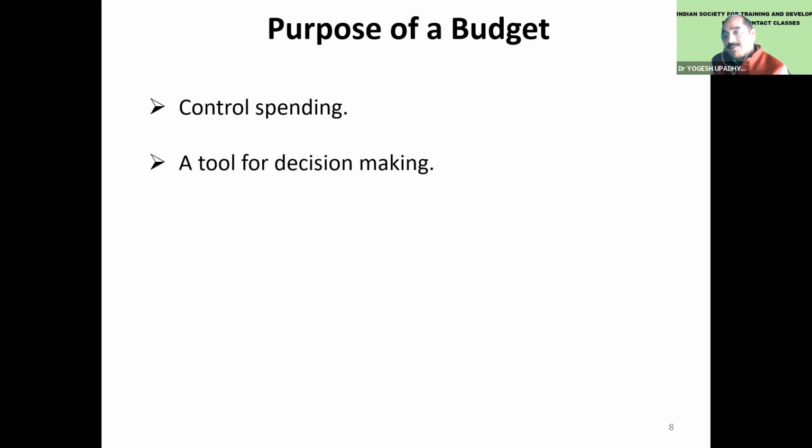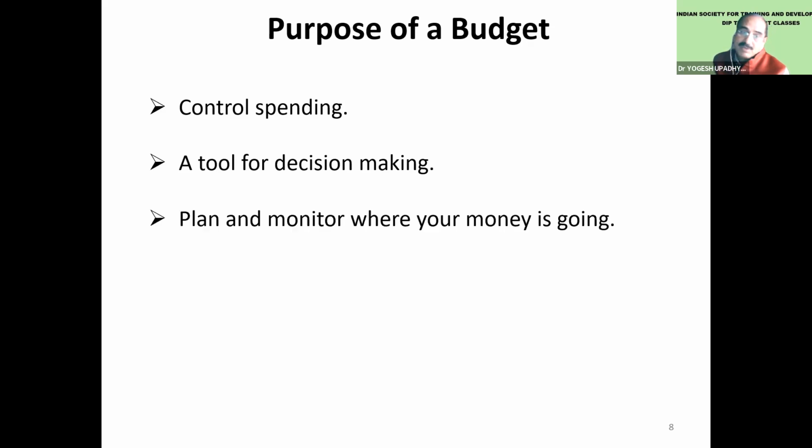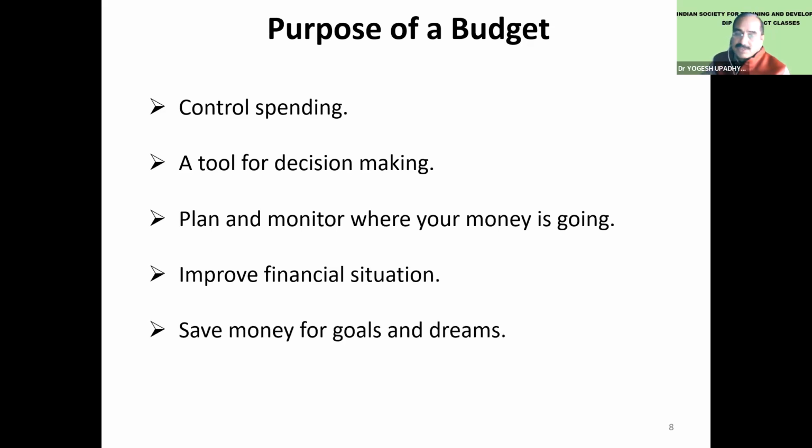Because in economics, if you see Robbins' definition, it is the science which tells us how to derive maximum satisfaction from each unit of expenditure. Plan and monitor where your money is going, on what item, and then again controlling is the main thing. Improve financial situation, save money for goals and dreams.